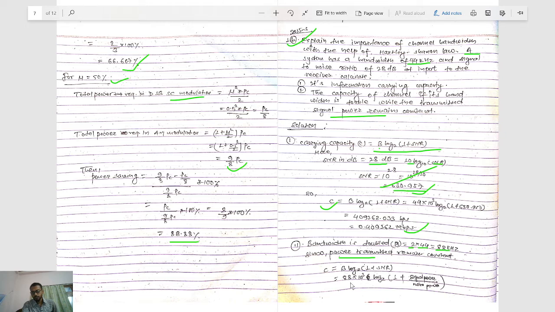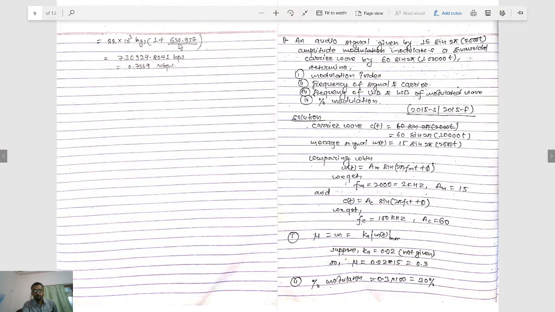So in place of B you have 88 into 10 power 3 and log base 2 of 1 plus signal to noise ratio, which is signal power upon noise power. Signal power is 630.957, and for noise power the bandwidth is doubled, so we write upon 2, and we get 0.7309 Mbps.